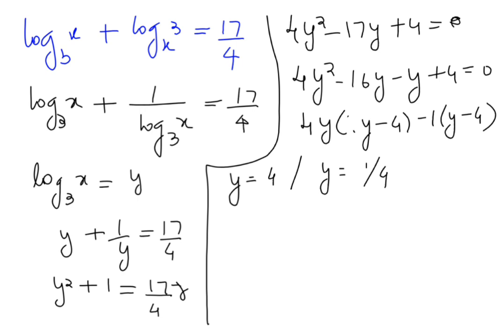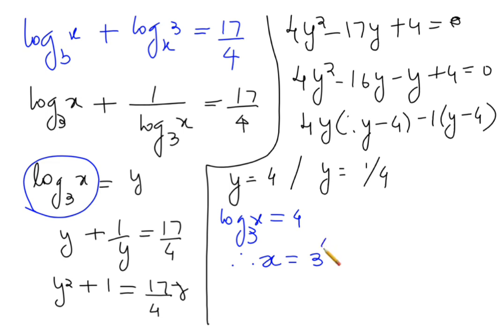So here we all know that the value of y is log of x to the base 3. So log of x to the base 3 equals to 4. Therefore value of x equals to 3 raised to 4, and here also I have log of x to the base 3 equals to 1 by 4.